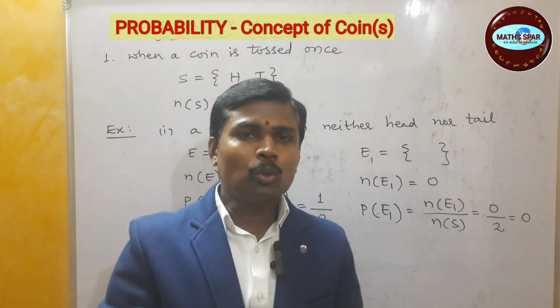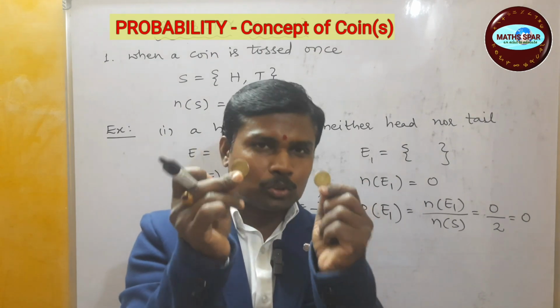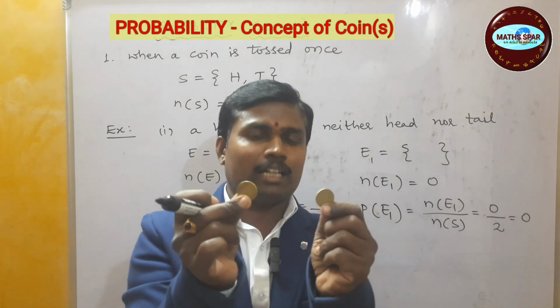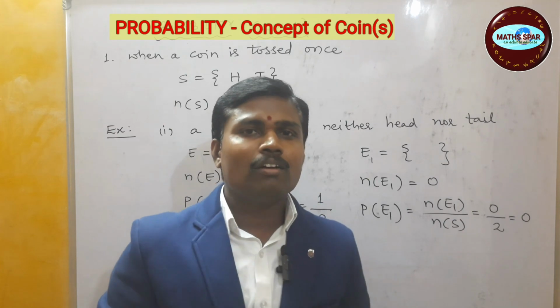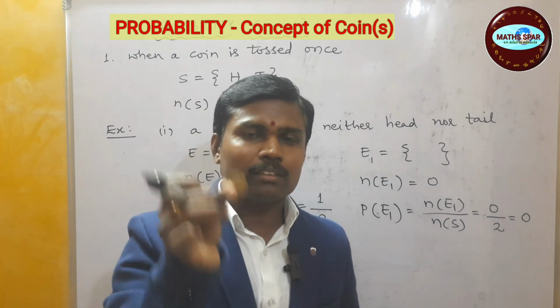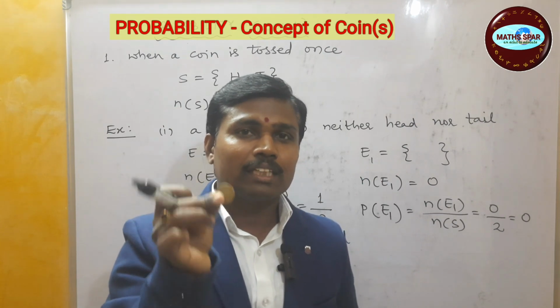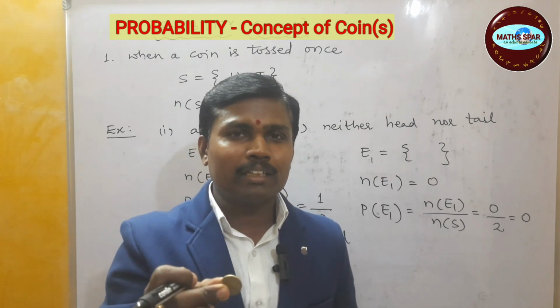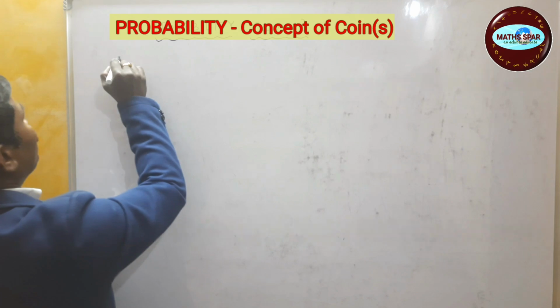When two coins are tossed together, or when one coin is tossed two times, that is twice, then how do we go about it? Let us see.